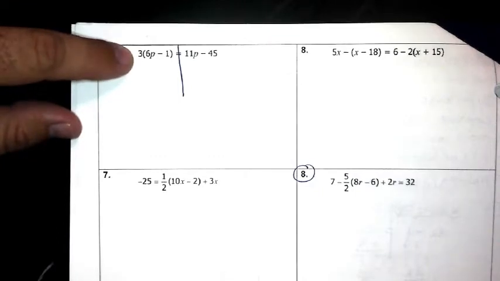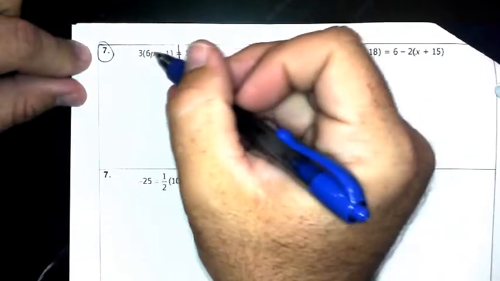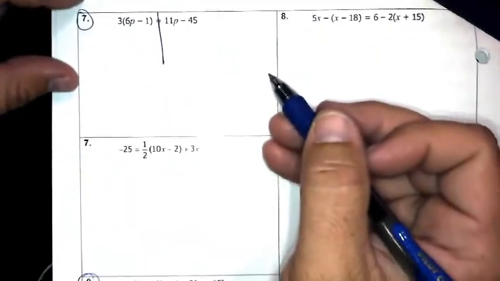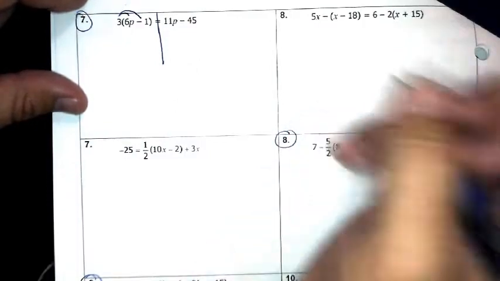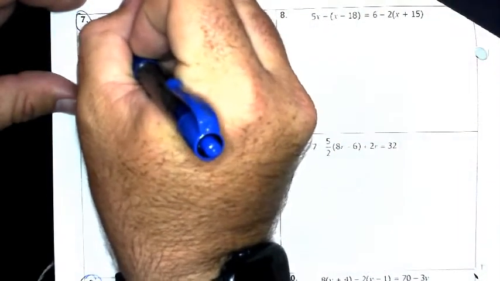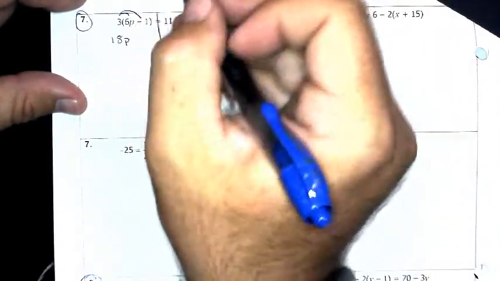There you go. That's what I was looking for. So I do need to distribute right here. I will distribute the 3 to the 6, which is what I'm being told to do. 3 times 6 is 18. 3 times -1 is -3. Nothing is happening on the right-hand side.